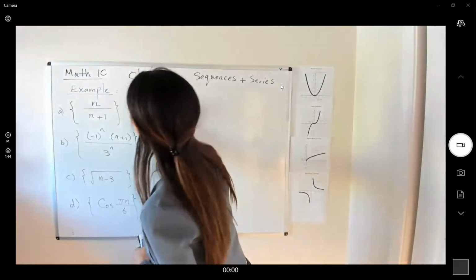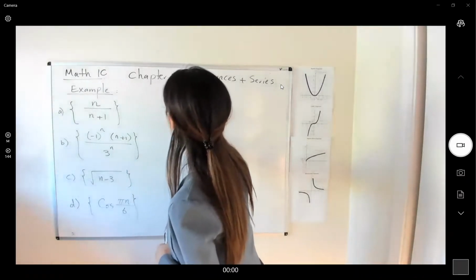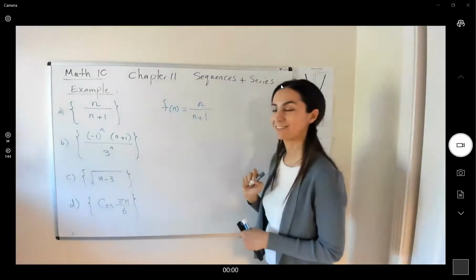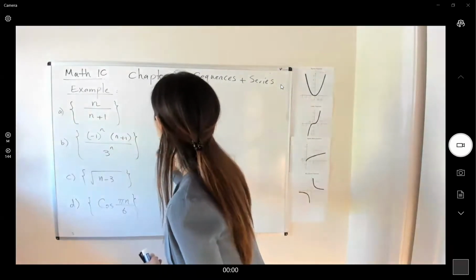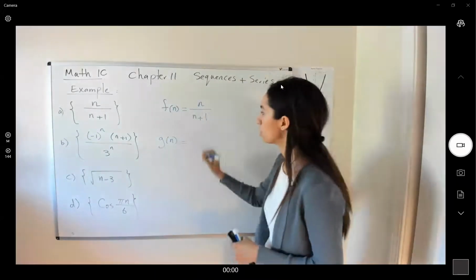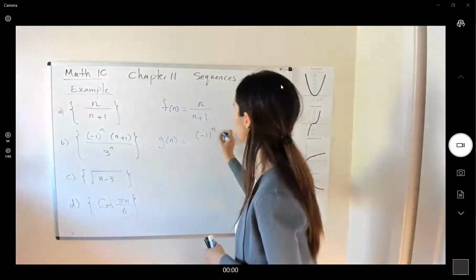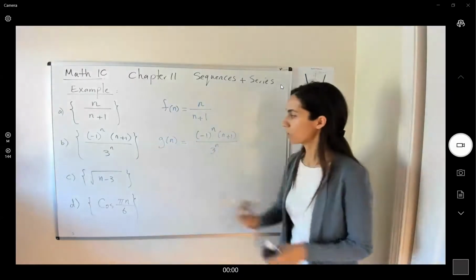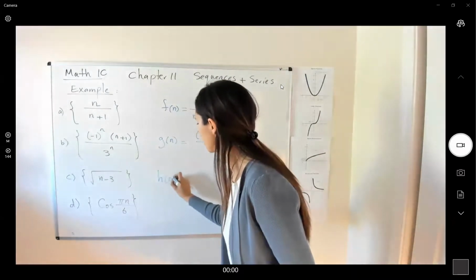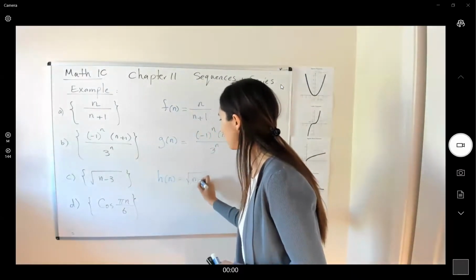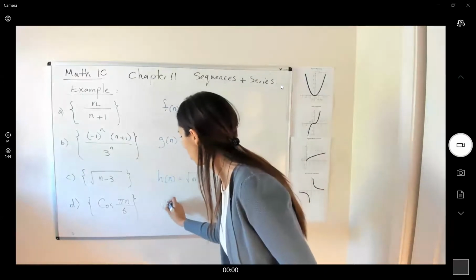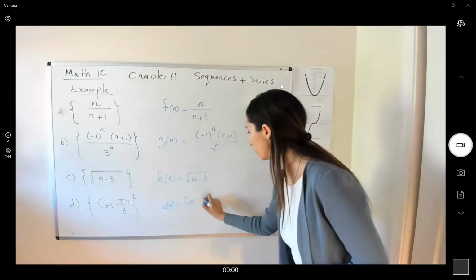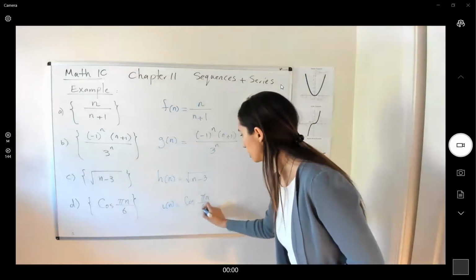The first sequence can be defined as f of n, which is n over n plus 1. This one we can call g of n, which is equal to negative 1 to the n plus 1, divided by 3 to the n. We can call this h of n, which is the square root of n minus 3. And here you have i of n, which can be defined as the trig function cosine of pi n divided by 6.